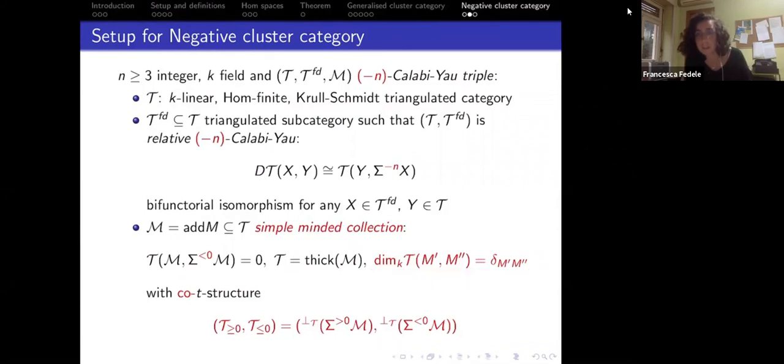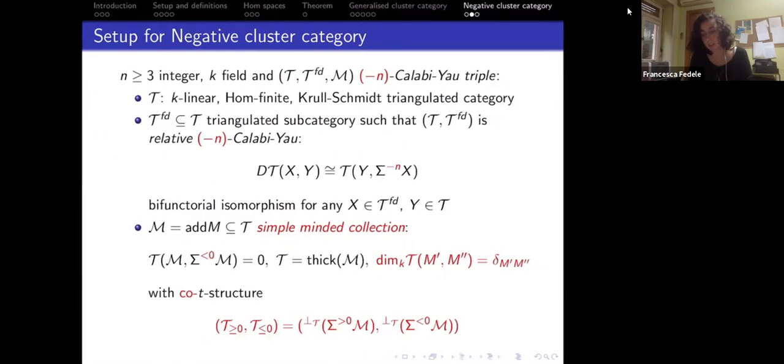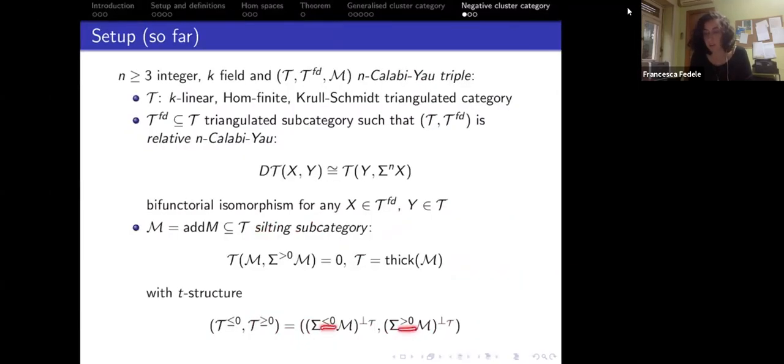of the Hom spaces. And then instead of t-structures, we have co-t-structures. So we have this left perp instead of the right perp. But most importantly, in the first half we have positive shifts, and in the second one we have negative shifts, the other way around.